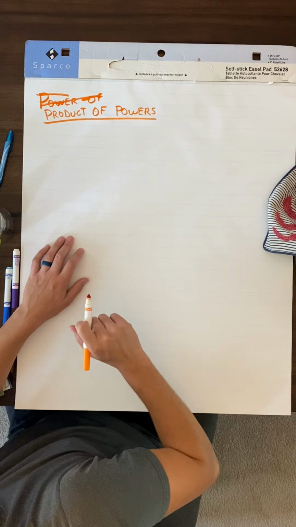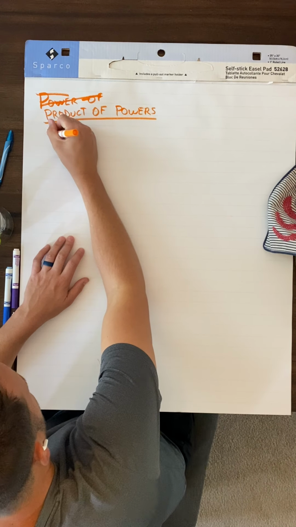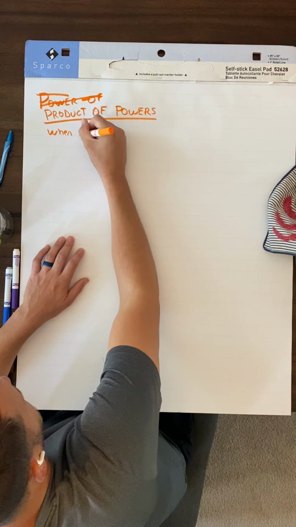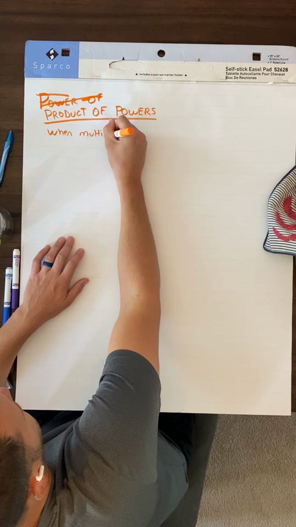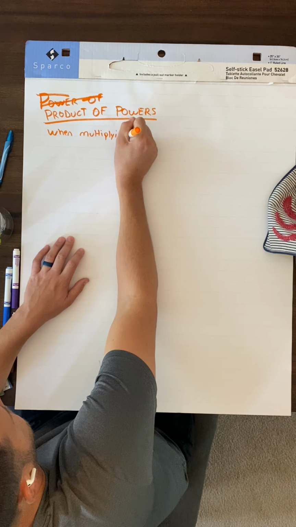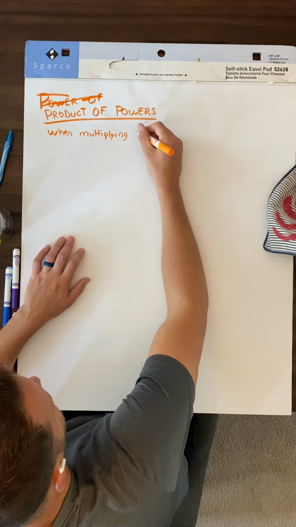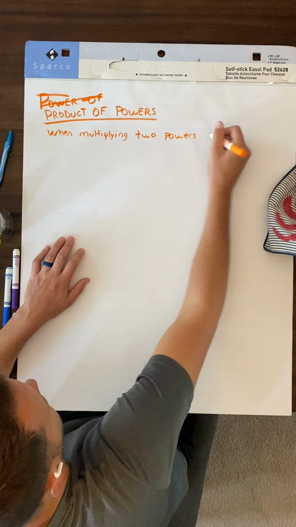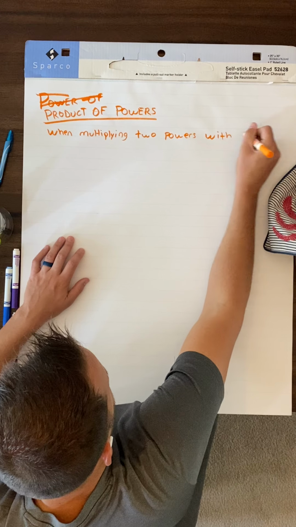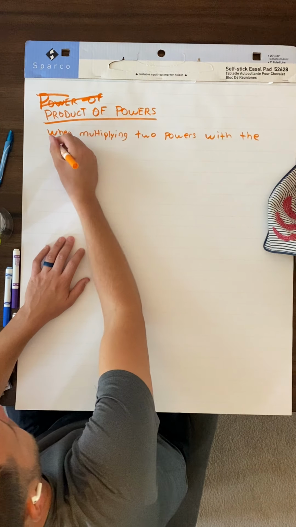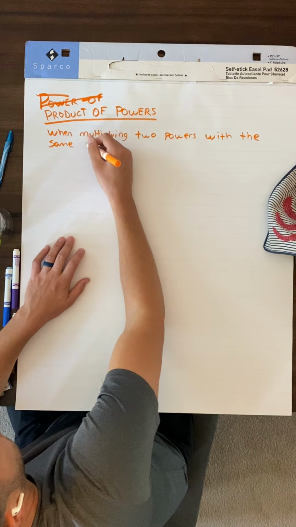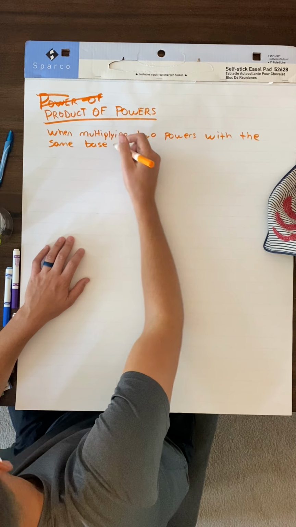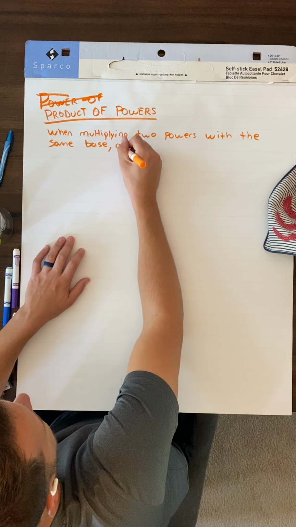So all this is saying is when multiplying two powers with the same base, we add the exponents.